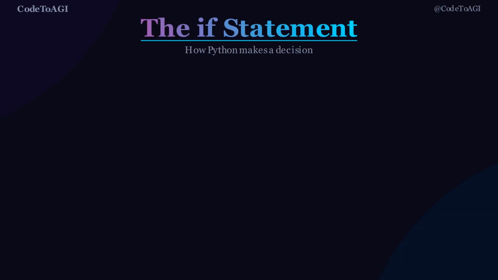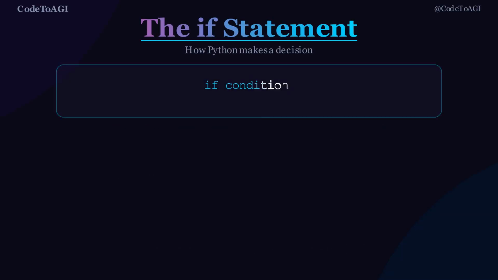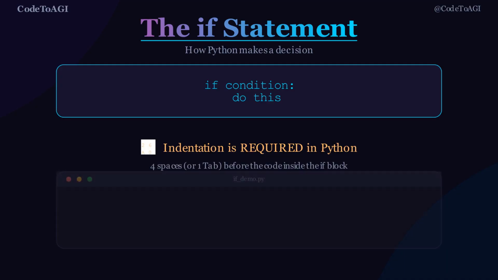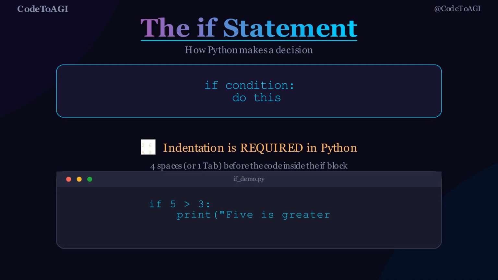The if statement is Python's way of checking a condition. The syntax has 3 parts. First, the keyword if. Second, the condition, something that is either true or false. Third, a colon at the end. Do not forget the colon. Then on the next line, indented by 4 spaces, you write the code that runs only if the condition is true.